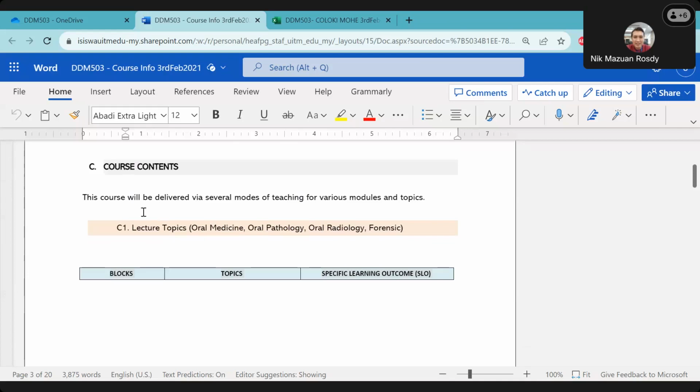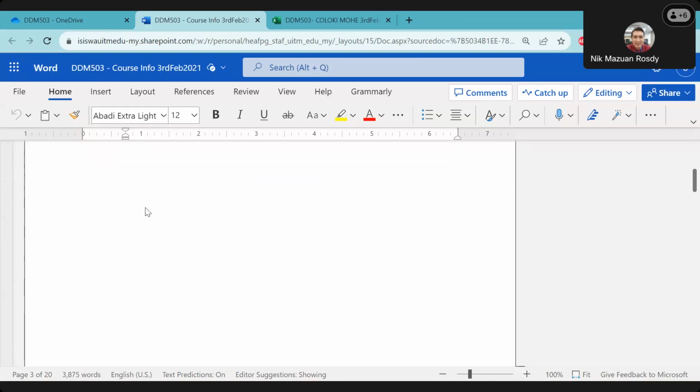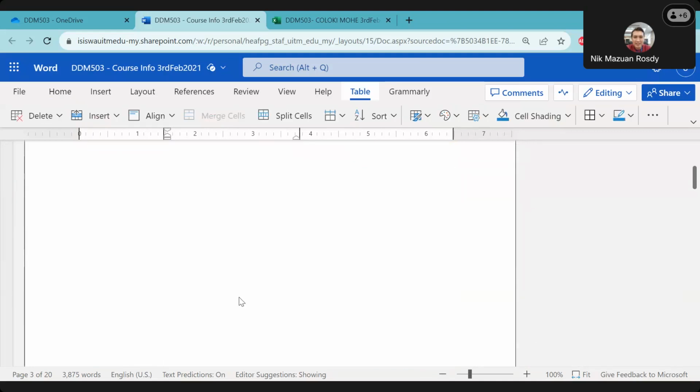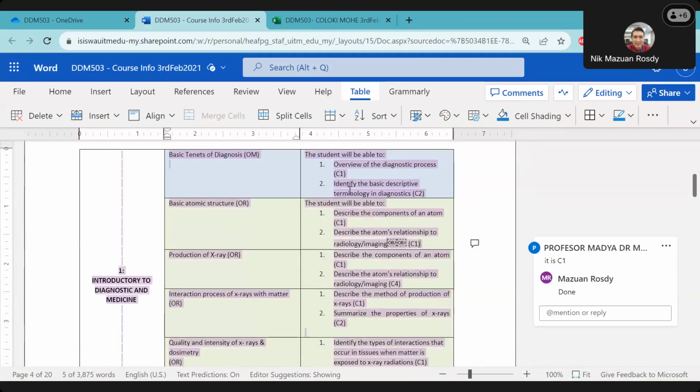For course content, the most important thing is to have the topic and SLO like this. Every topic is on this side and the SLO is on the right side.